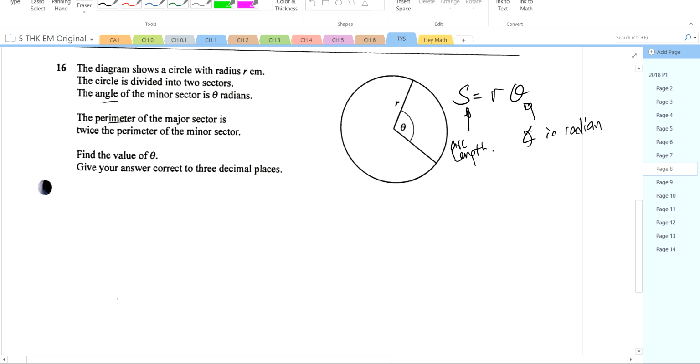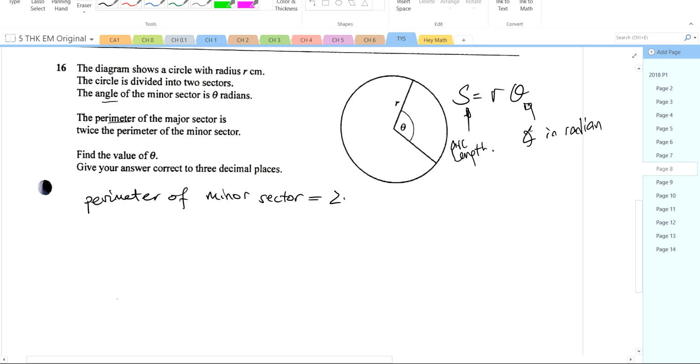Okay, so we can straight away form the equation already. Perimeter of minor sector equals to, what do you think? Perimeter of the minor sector. What is it made up of?